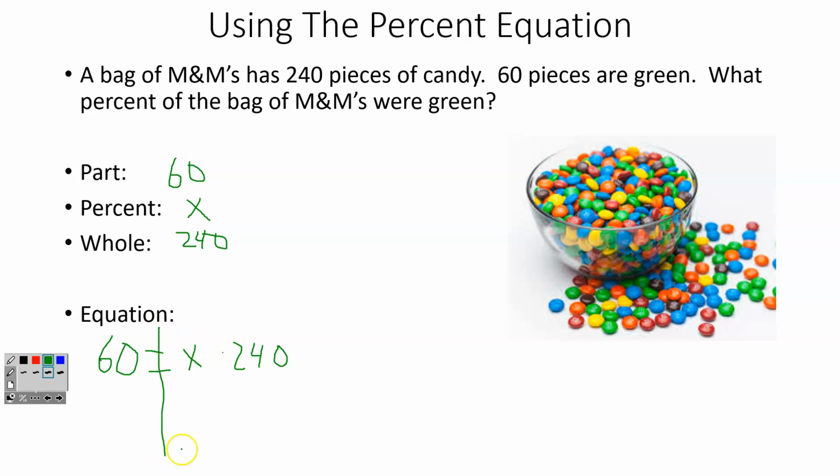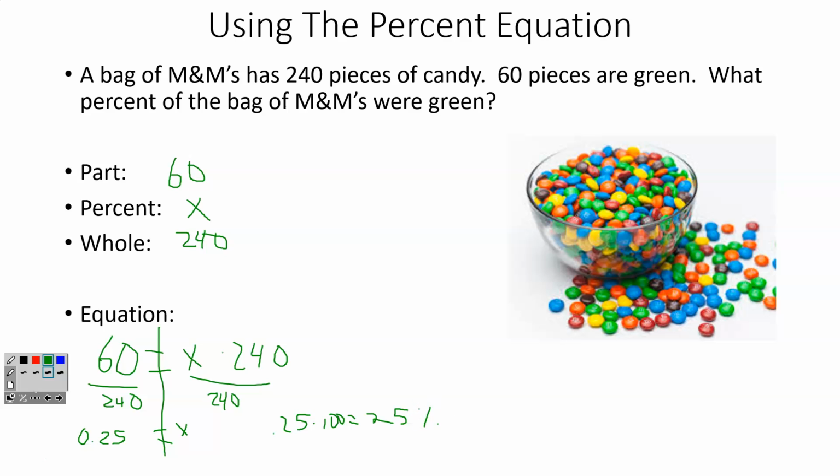Draw my fence. The opposite of multiplying by 240 is to divide by 240. When I type 60 divided by 240 in my calculator, I get an answer of 0.25. Because I'm looking for a percent, I'm going to take that 0.25 and multiply it by 100 to get 25%.